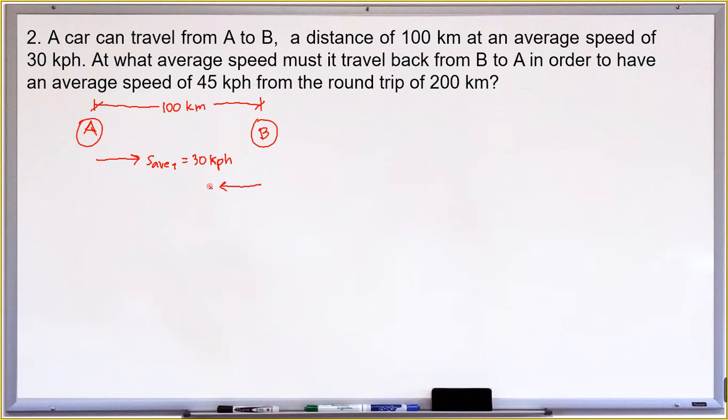That is S average 2. Naa siyay S average total of 45 kilometers per hour. So pasabot ang round trip nga 200, meaning pagpadung-ang 100, pagpauli another 100. So total distance for the entire trip is 200 kilometers.